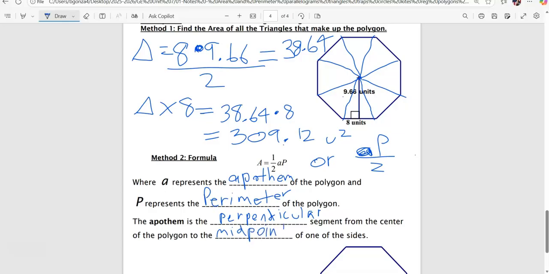Midpoint. Okay, so again, it's from the center to a midpoint, and it's perpendicular. Okay?